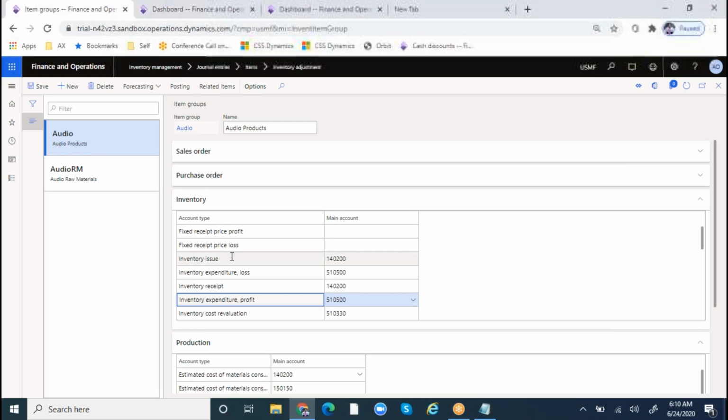If you are making changes in the inventory adjustment journal and it is minus, these two ledger accounts will be posted. This is credit because your inventory is decreasing by posting -1. It will be credit and debit. If it is receiving, meaning you are entering a plus adjustment, this will be debited and this will be credited. These are the 4 transactions.